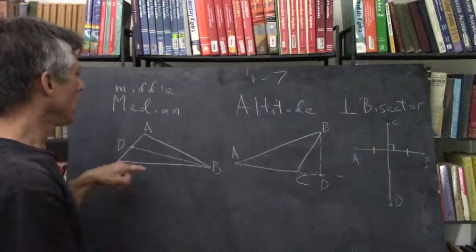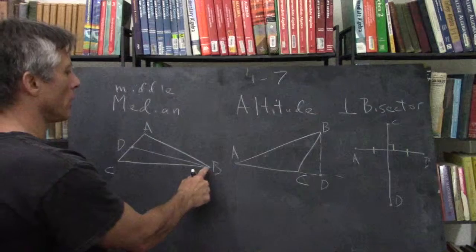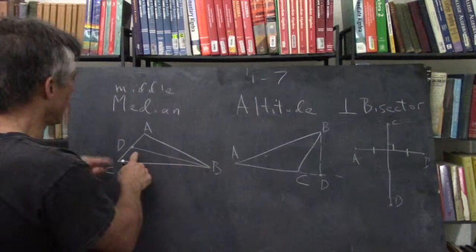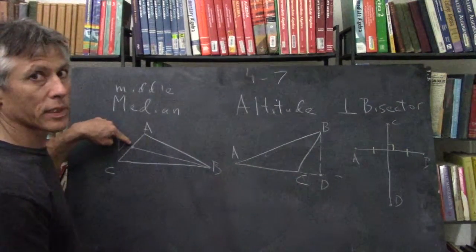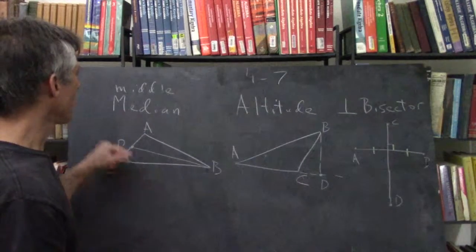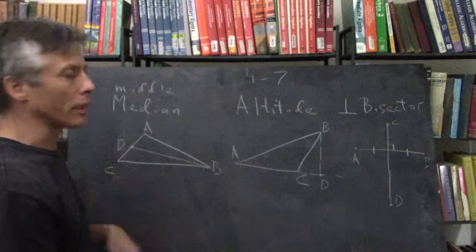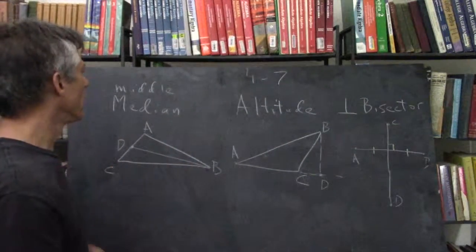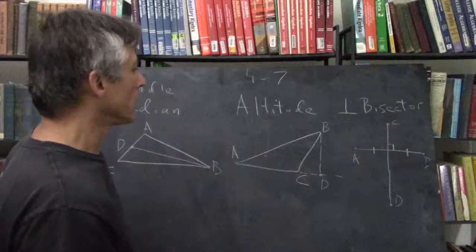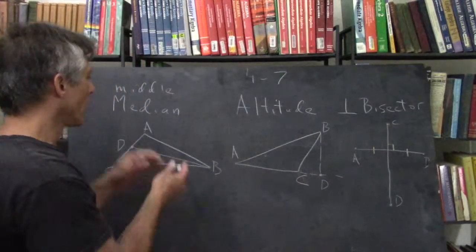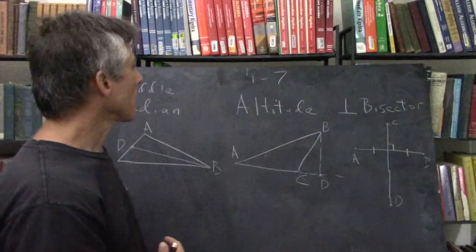Remember, a median is a segment that goes from a vertex to the midpoint of the opposite side. So you got to remember, a median is a type of segment. It's a segment with special characteristics in relation to a triangle and other things you'll learn. But trapezoids will come up later. Right now, median goes with the triangle.